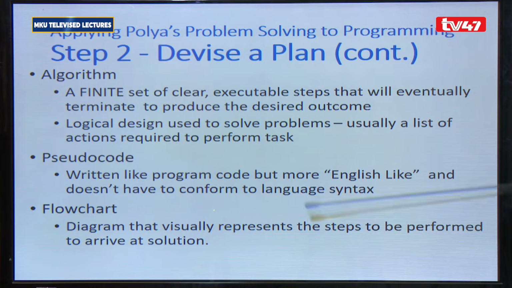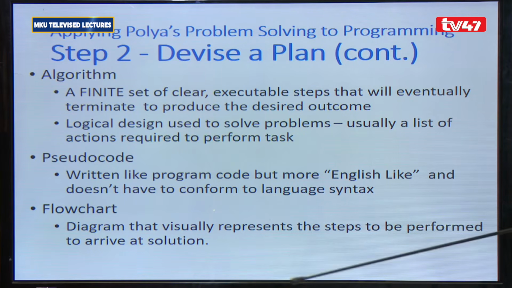The steps must always follow some order. We start somewhere, we go to step 2, step 3, step 4, step 5, so that we don't have a situation whereby the steps are not very clear, for example maybe at step 2, you are talking about output for something that has not been processed. So it is important to note that.